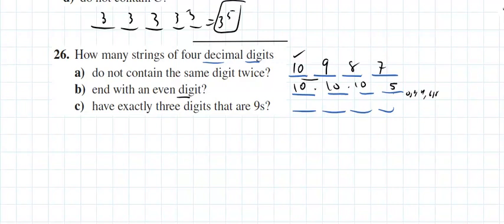Actually, take that back. End with an even digit, 0 to 9. There's 5 of them. Okay. And how about have exactly 3 digits of 9. Exactly 3 digits of 9.